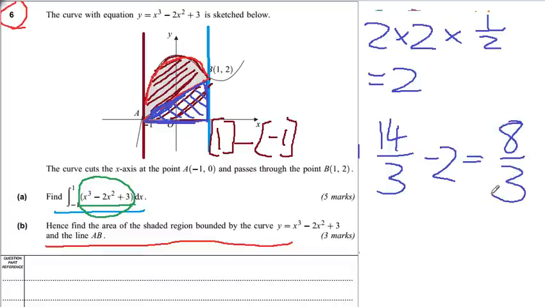It's quite nice if you spot that early on, but even if you don't, hopefully you can just work it out by looking at it. If you really understand that integration is the area under the curve, then you can work out what that triangle is there, and that comes up every once in a while. Right, I'll see you on the next video.